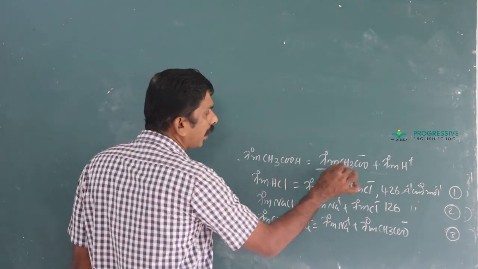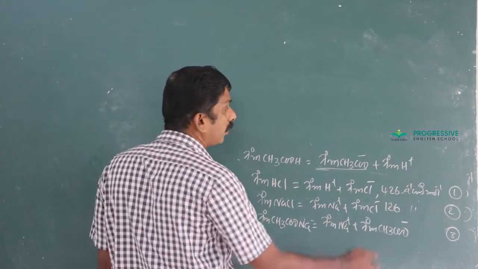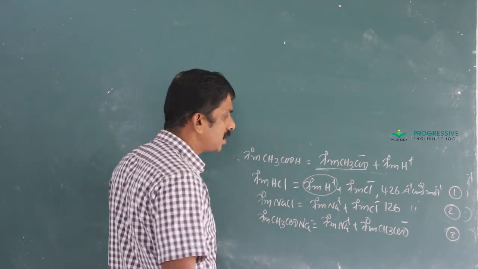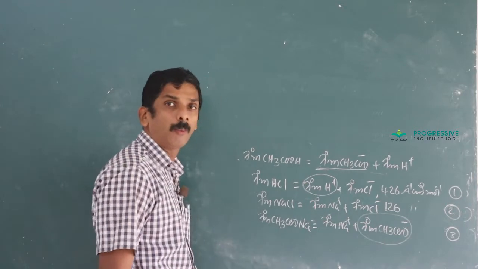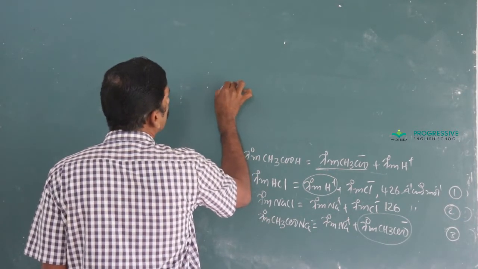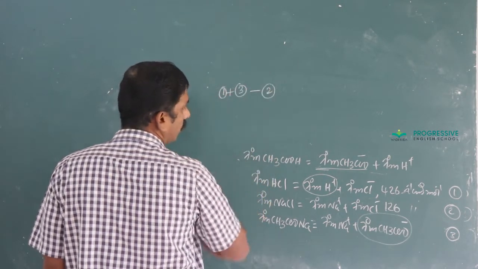In our required equation we need CH3COO minus as the anionic part and H plus as the cationic part. The first equation contains H plus and the third equation contains CH3COO minus. Therefore, here we adopt the mathematical expression as equation 1 plus equation 3 minus equation 2.